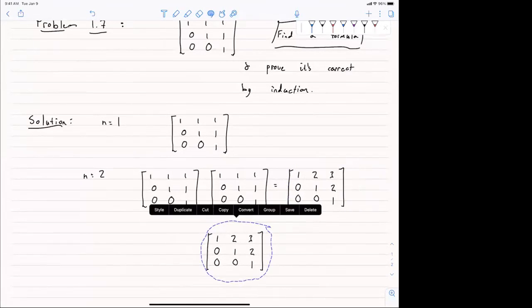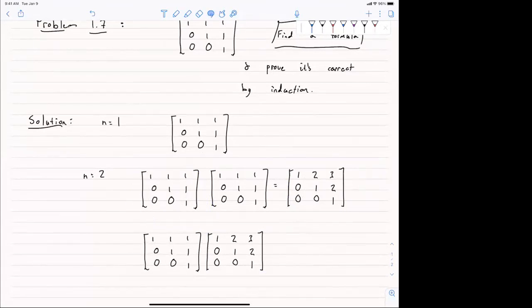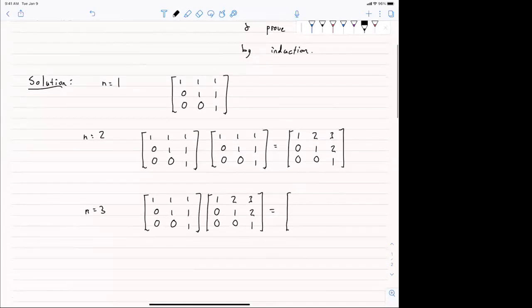I'll put this guy here, and this guy here. I'm taking the third power, which is the same as squaring it and then multiplying again. Let's see if we can find a pattern. Don't be afraid to experiment. Just keep on going until you feel like, I think I see a pattern.